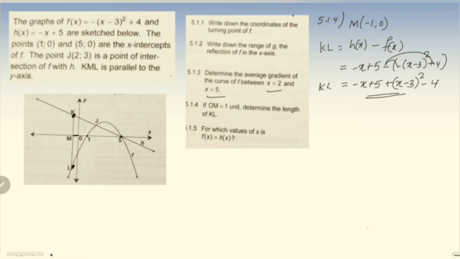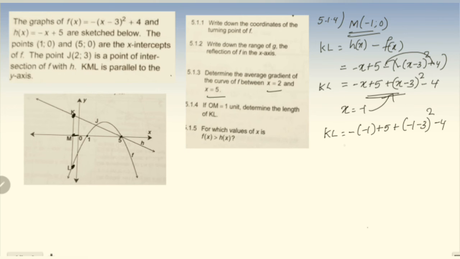But here the x value, that is the x value of M, is given. What is that? We got it, that is minus 1. Here x is equal to minus 1. Just substitute here, you will get the length KL. So let me substitute minus 1 in the place of x. That is minus bracket minus 1 plus 5 minus bracket minus 1 minus 3 whole squared plus 4.